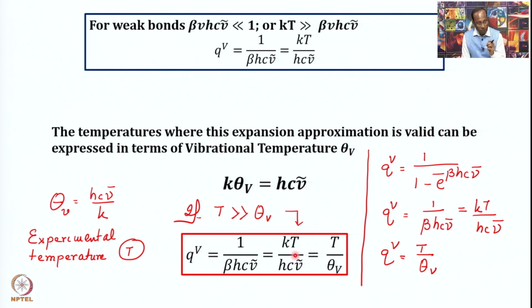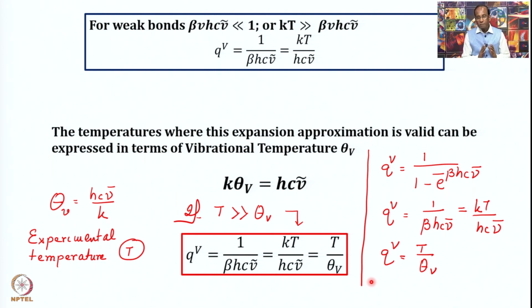And then by using the definition of the characteristic vibrational temperature, Q_V is also equal to T by theta V. So, these are the different ways of calculating or measuring the vibrational contribution to the partition function.